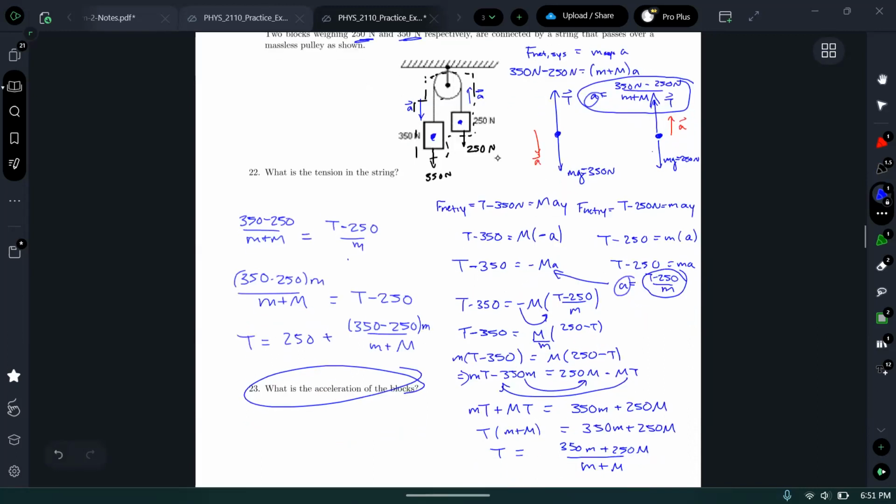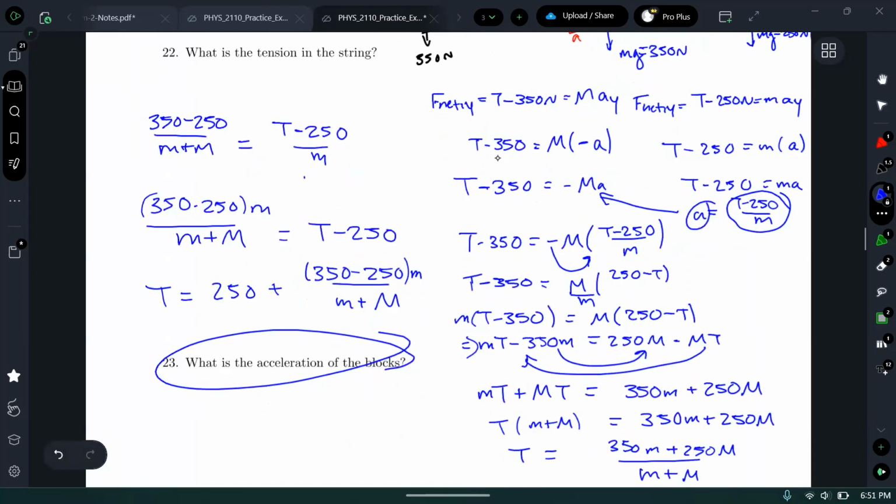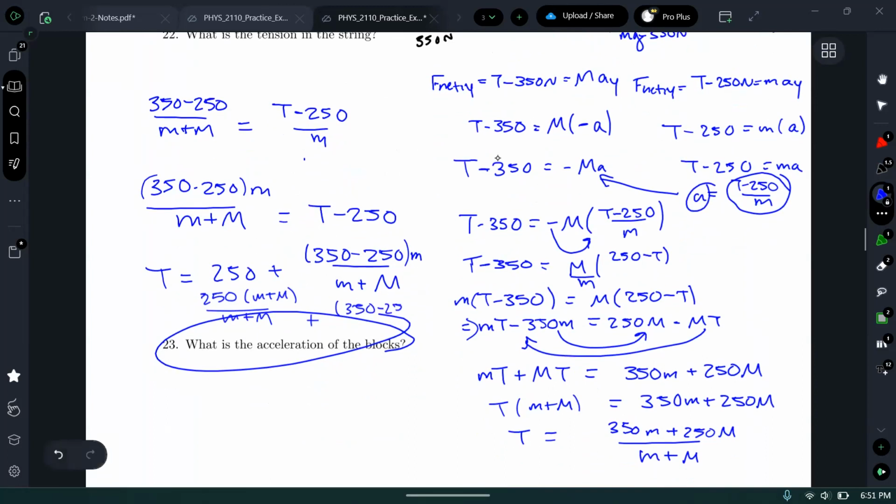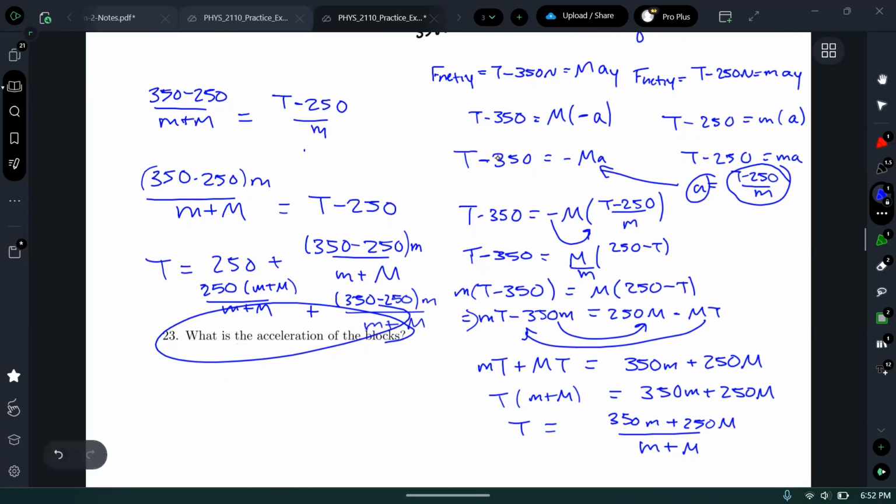The algebra is just tedious at this point, but I could get a common denominator, 250, by multiplying top and bottom by that. At this stage, you'd probably be putting in numbers anyway, so you don't have to do this mess of algebra. I just want to give a generic algebra expression for this.